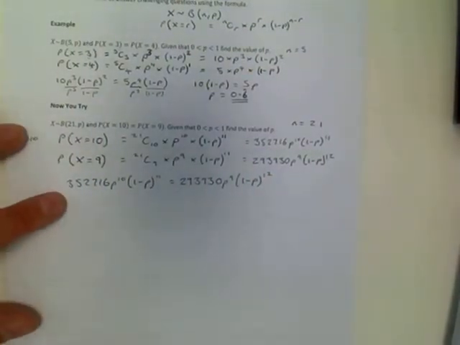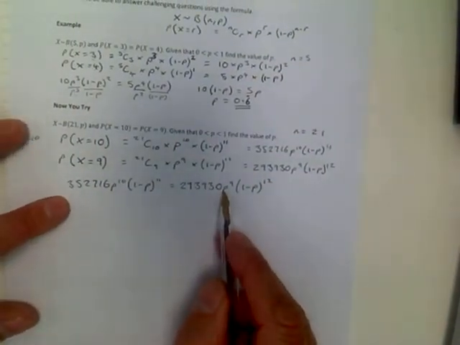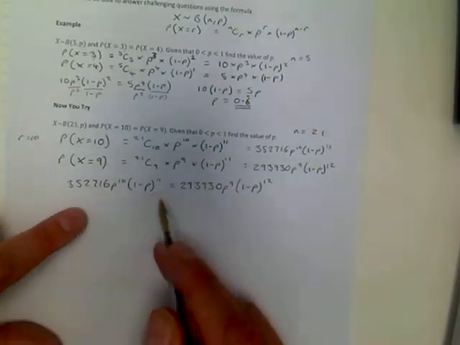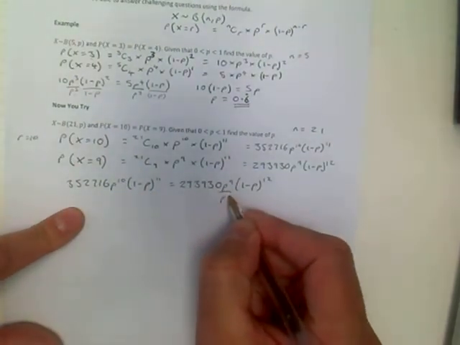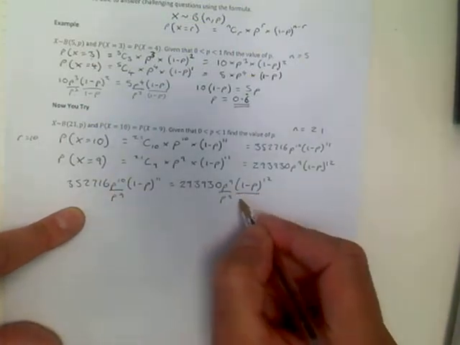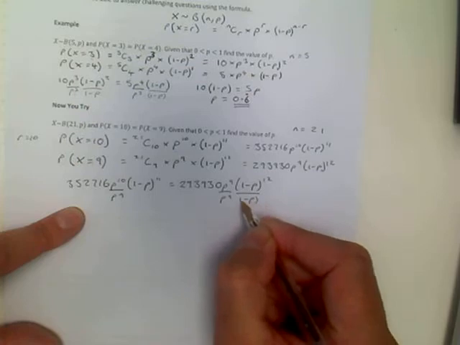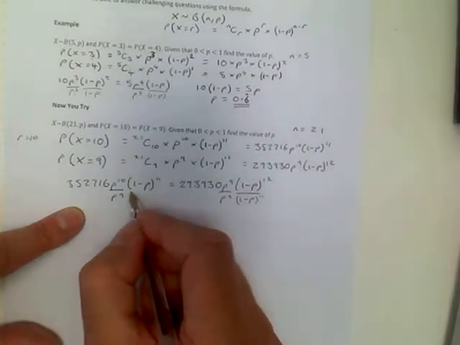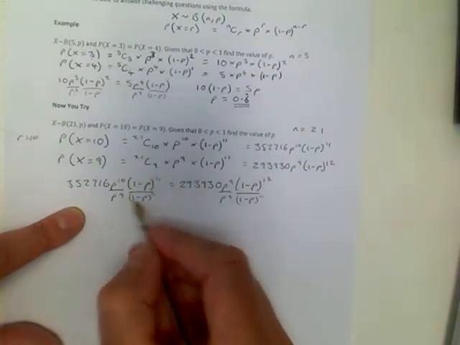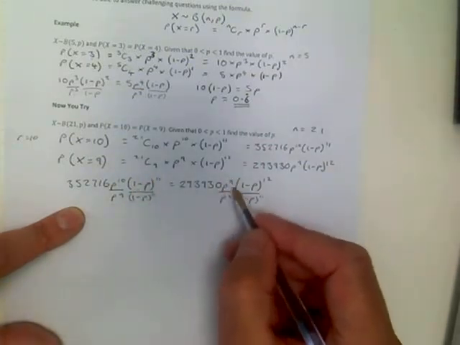I'm going to divide through by p to the power of 9 to cancel this out, which will become p. I'm going to divide through by 1 minus p to the power of 11, so the smallest one. So we can see that this is going to cancel and this is going to cancel.